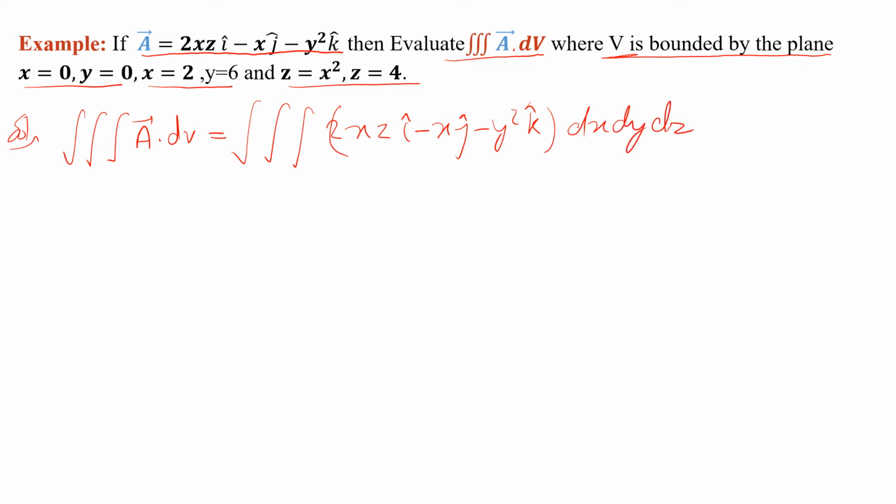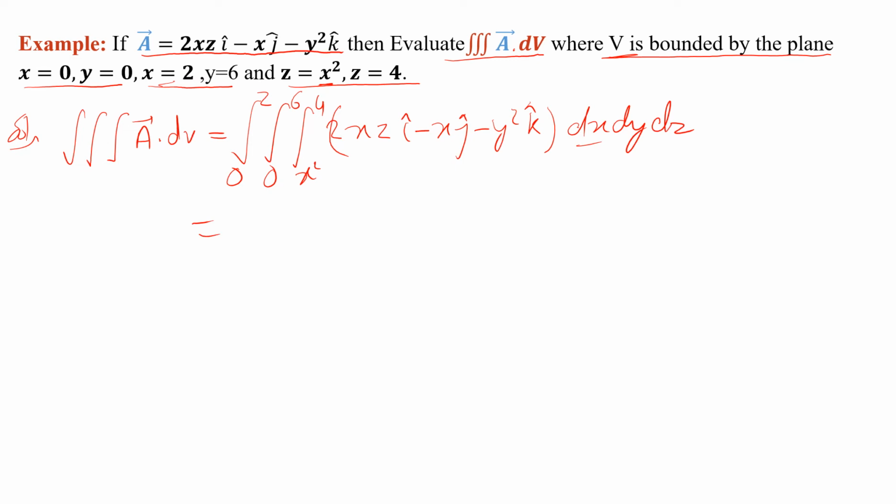Here the limit of x is 0 to 2, the limit of y is 0 to 6, and z varies from x² to 4.